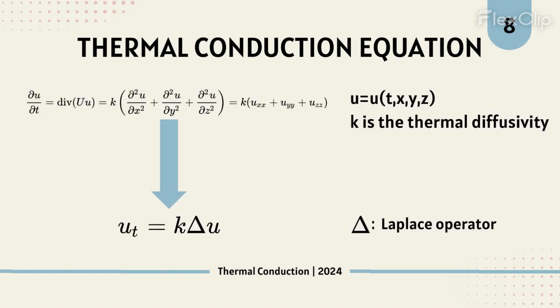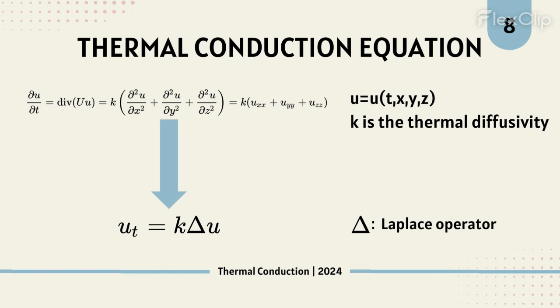U is the temperature distribution function, representing the temperature at a point x, y, z, and time t, and K is the thermal diffusivity of the material, a constant that characterizes how quickly heat diffuses through the material. The partial derivative of U with respect to time represents the rate of change of temperature with time.